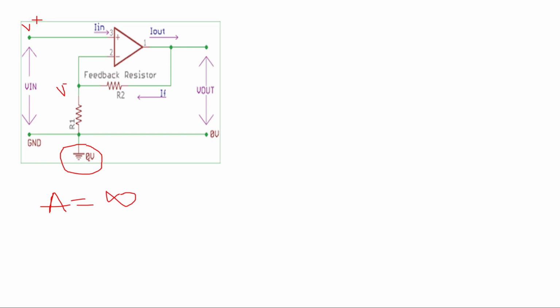When you assume it is ideal, then V plus is equal to V minus. Then here you can clearly observe that V1 is connected through resistor R1 to the ground, and here I am taking V plus as the value.